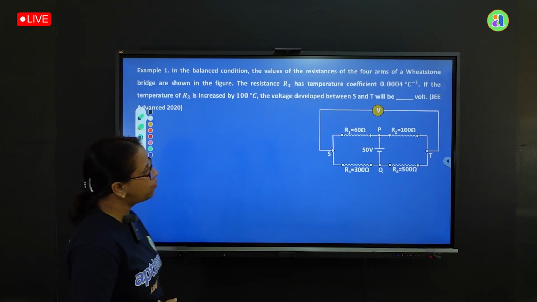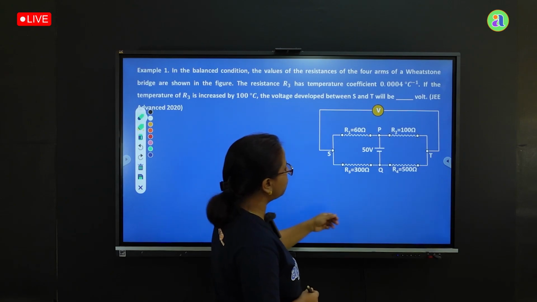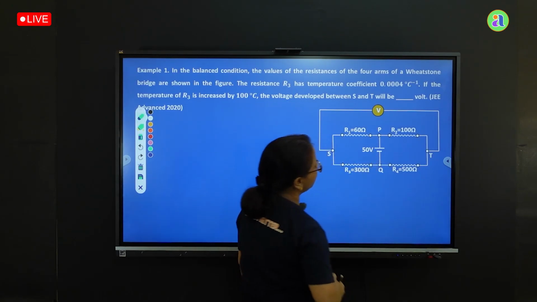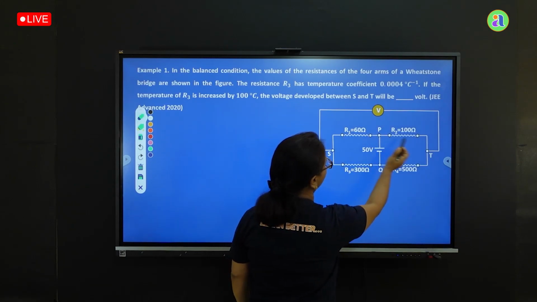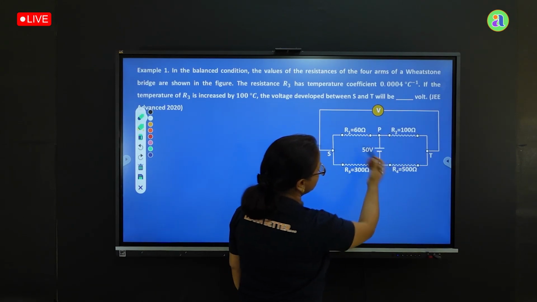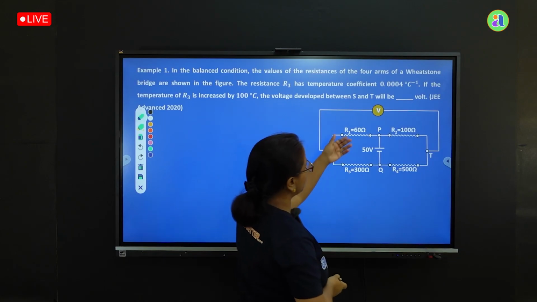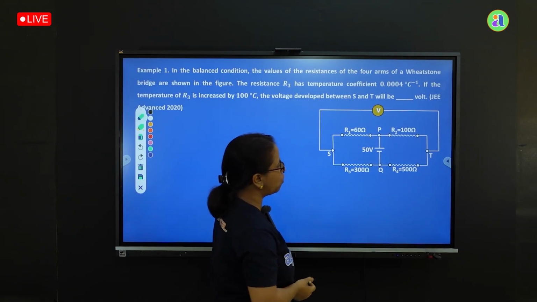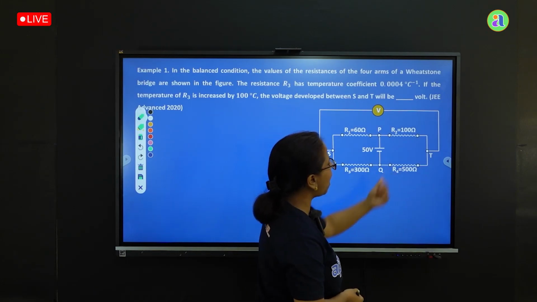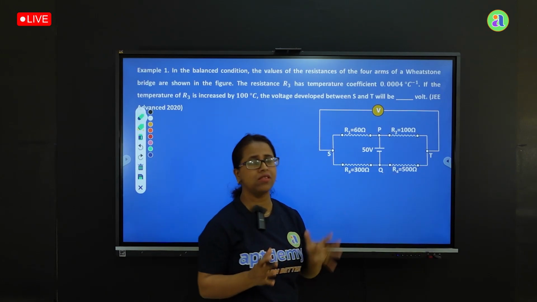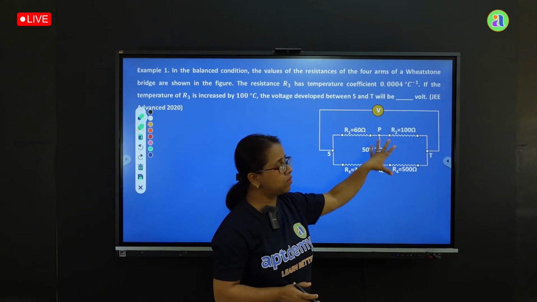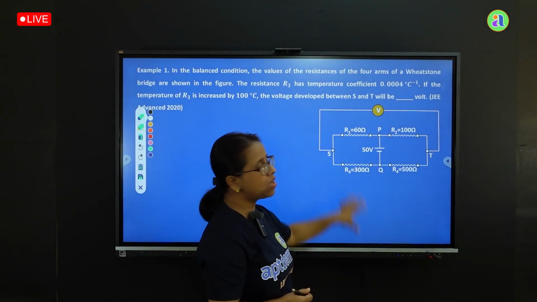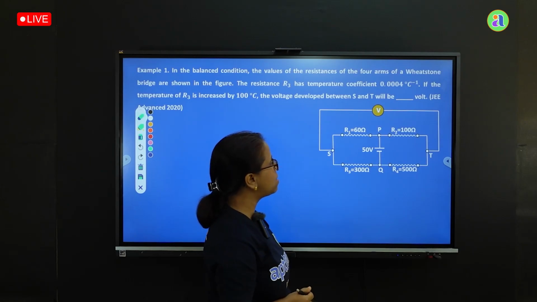Now here, if you can see the diagram, we have a cell of potential 50 volts connected to resistances in two different arms. You can see R1, R2 of values 60 ohms and 100 ohms, and we have R3, R4 arranged in such a way that the Wheatstone bridge is in the balanced condition.